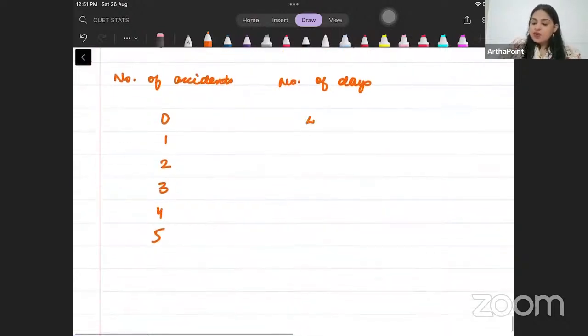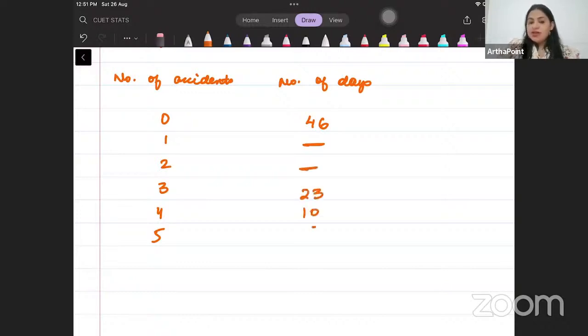And days are given to you as 46. This is missing, 23, 10, and 2 data sets are missing, sorry. So this is also missing and this is also missing, 23, 10, 5, and the sum is given to you as 200. So you need to find these missing frequencies.